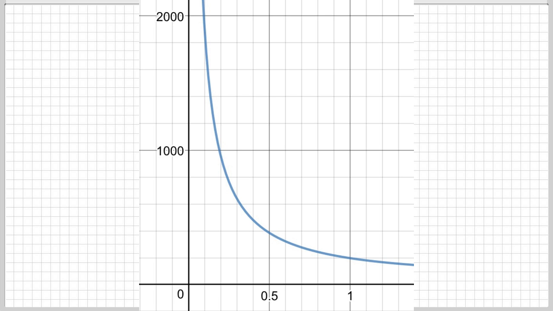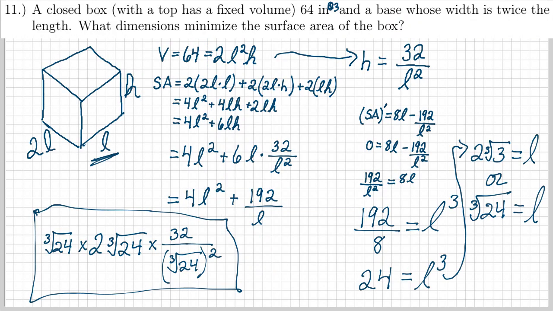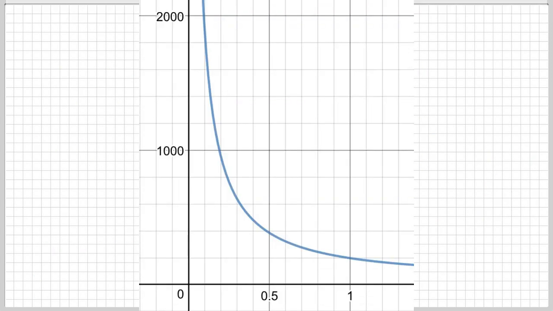The reason I was struggling a bit was because of the surface area equation, let's go back to it. Here's the surface area equation.